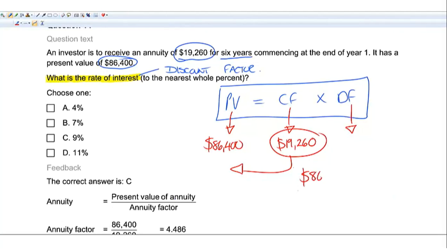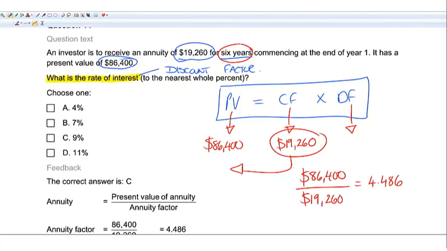If we take 86,400 and divide that by the 19,260, we grab our calculators, that means that we must have used a cumulative discount factor of 4.486. It was for a period of 6 years.